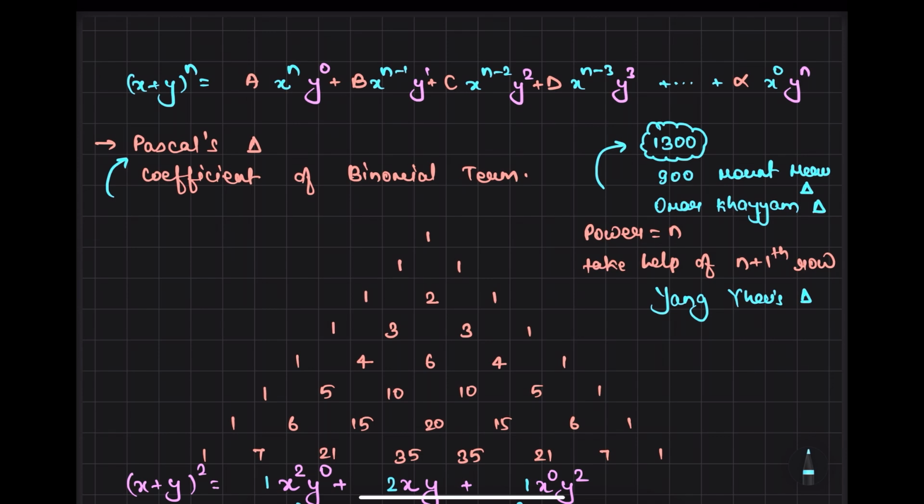In that case I will get trapped, because I have to go to the 2026th row and write down those 2026 rows, so it will become very complicated. This will create a problem.